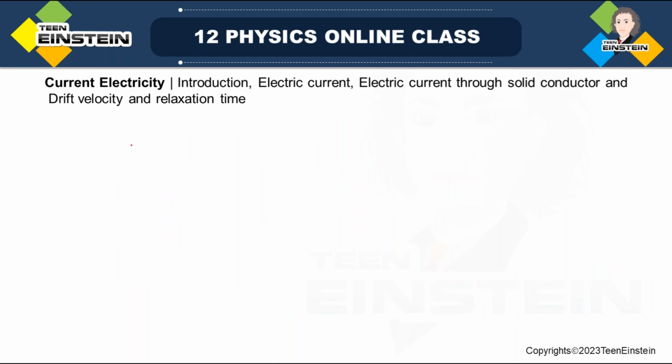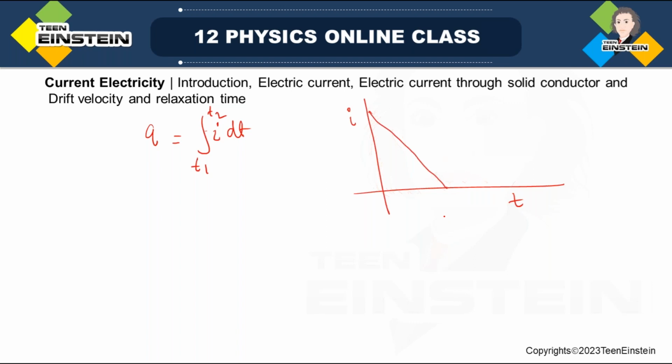So we have seen that if we want to calculate charge, we should write the integration of I dt from t1 to t2. What does this mean? Suppose there is a current versus time graph like this. I'll just take up an example. Suppose this is I here and this is time.